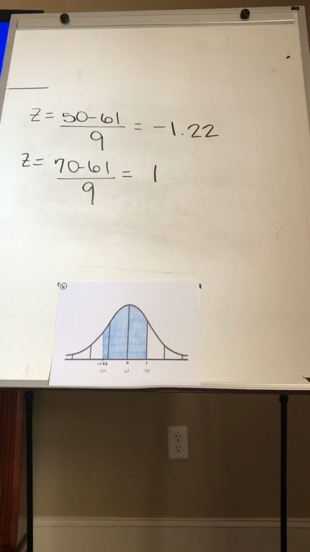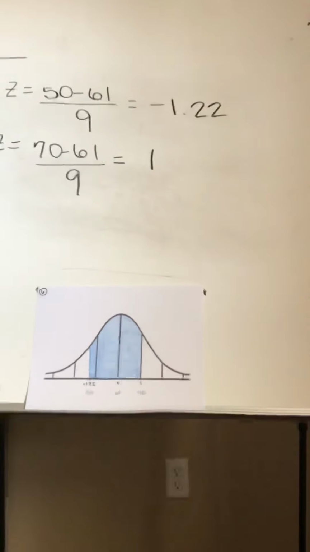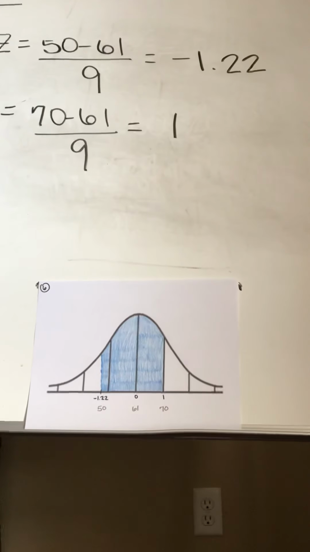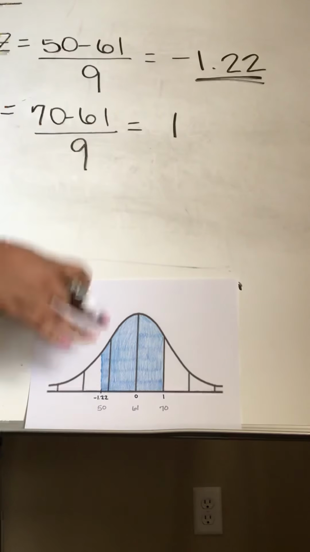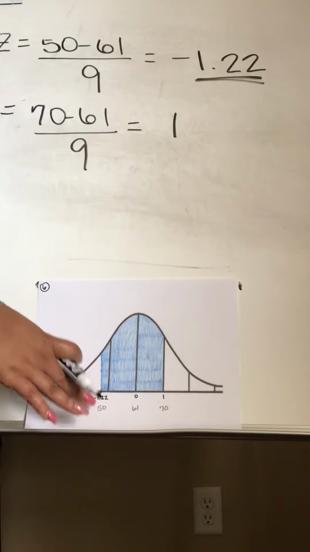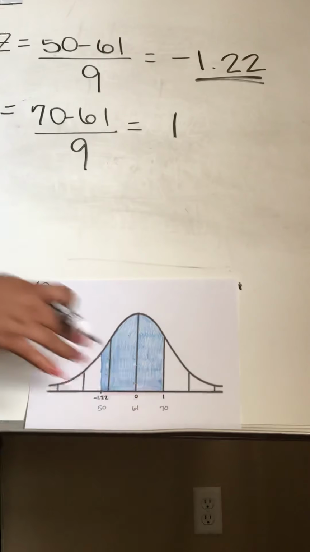So now, when you look at your Bell, let me kind of zoom in so you can see. Now the negative 1.22 is negative, so you know it's going to be on the left of 0. That represents 50. And then 1 is on the right.